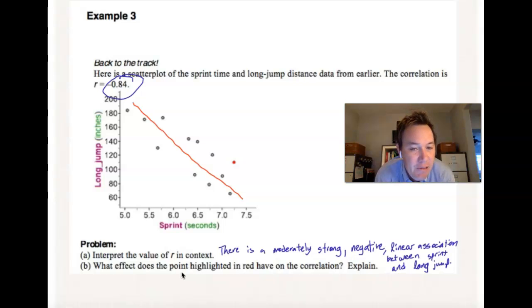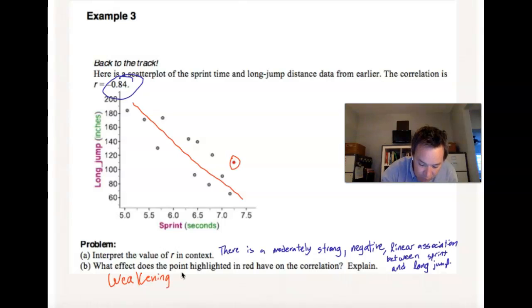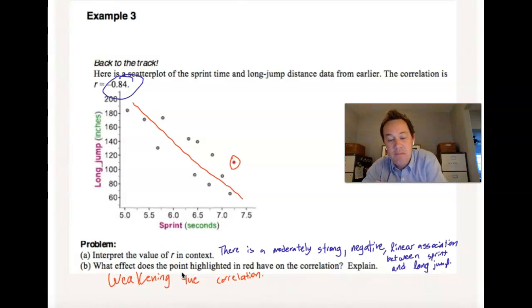If it's far away from that line, then it's weakening the correlation. And I think that this point deviates a little bit from the rest of the pattern, so I think it's weakening the correlation, making it closer to 0.